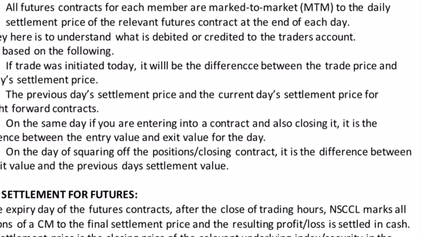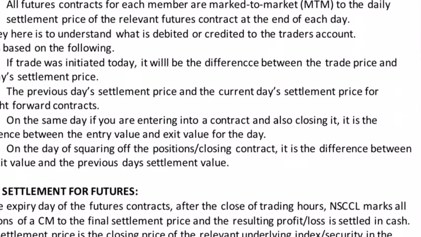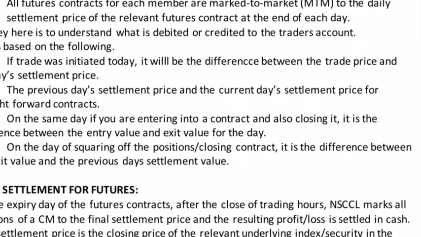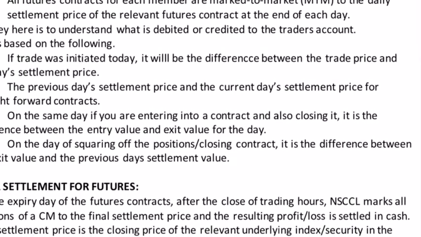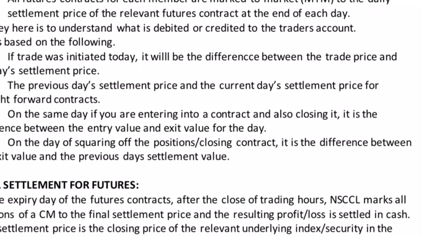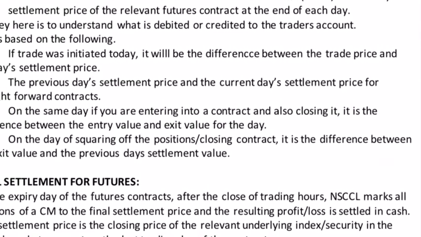Basically, as per this theory, for a market to be efficient, prices of securities, that is prices of your commodities or your shares, should reflect all the information that is available for the security or the commodity.